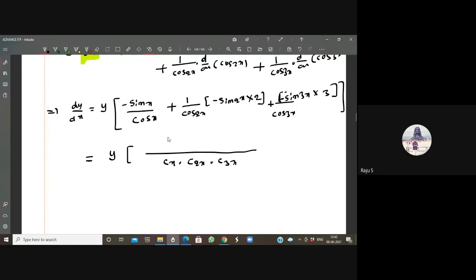What is the answer they have given? They gave it in the form of tan. Then no need to take the LCM.